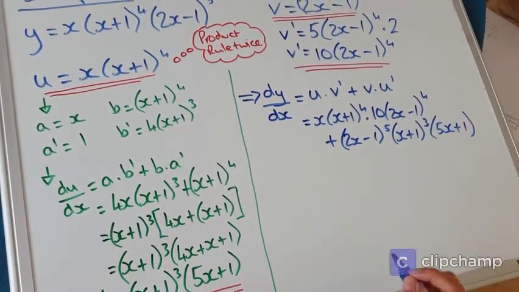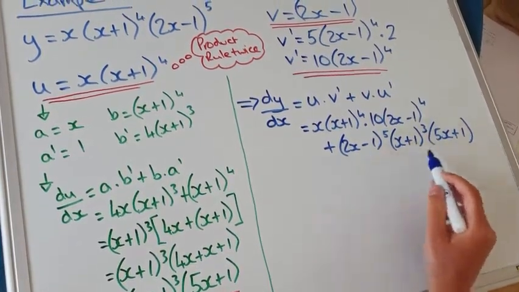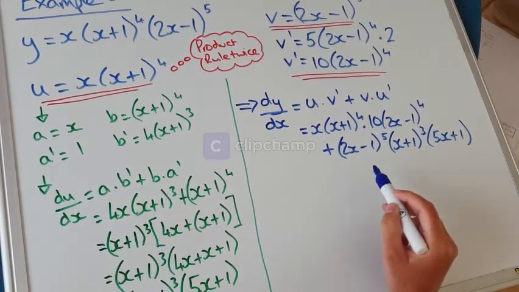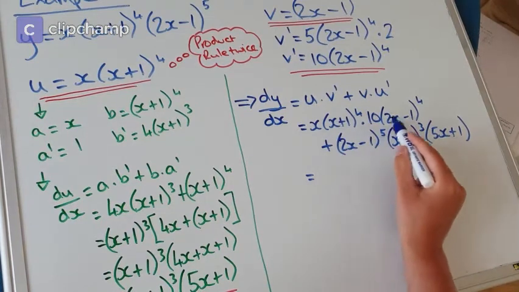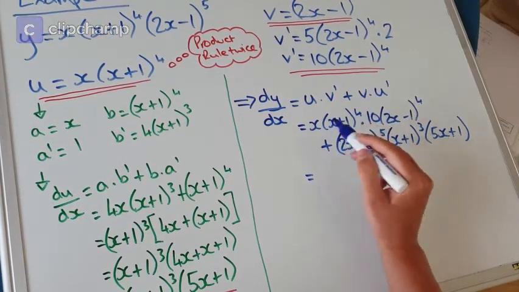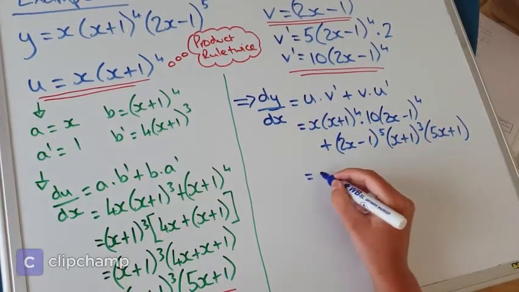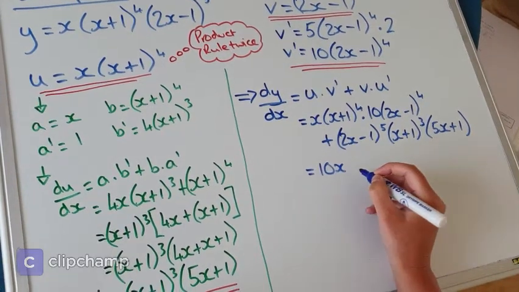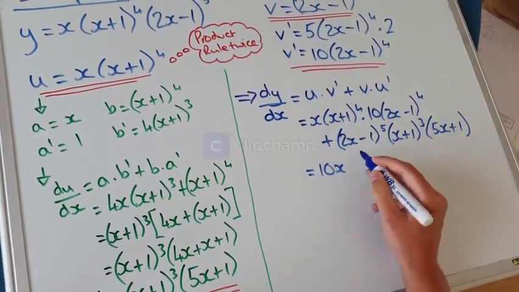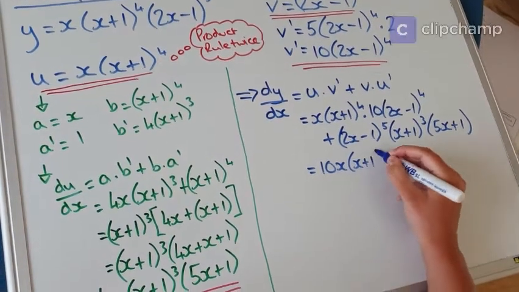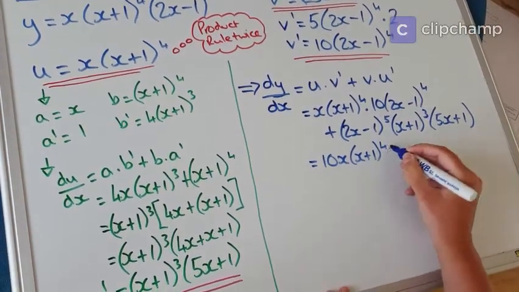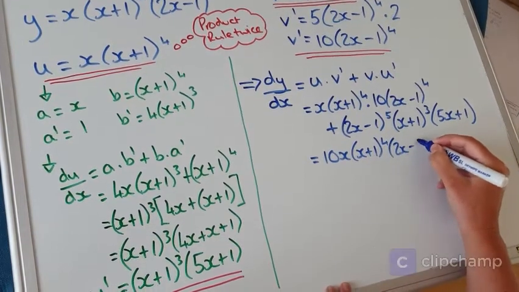Okay, so we have differentiated it, but we do need to tidy it up. It's very, very untidy at the moment. Okay, if I look at that top term, I could write the 10x at the beginning, and then I'm going to put x plus 1 to the 4, and then the 2x minus 1 to the 4.